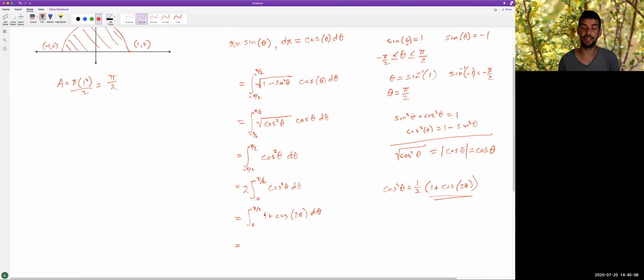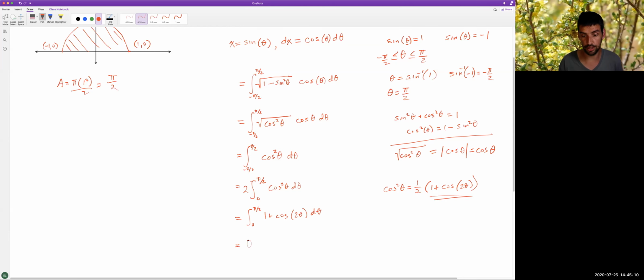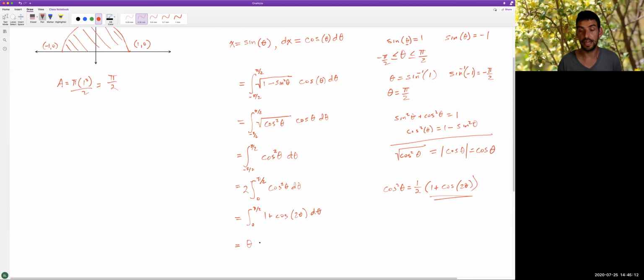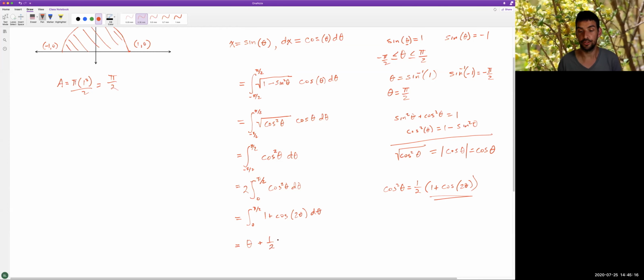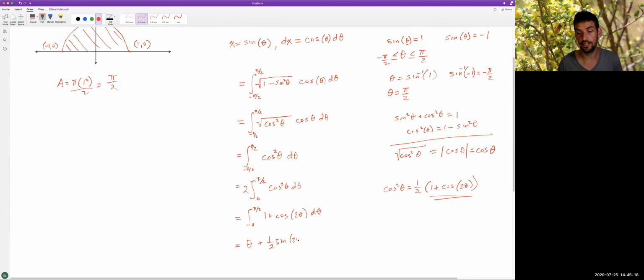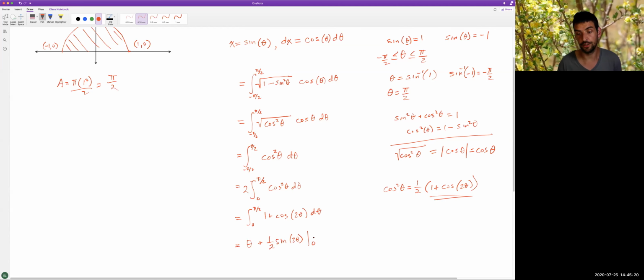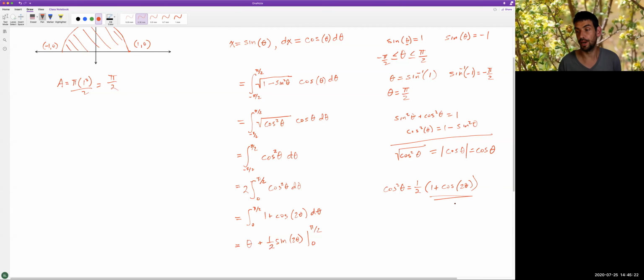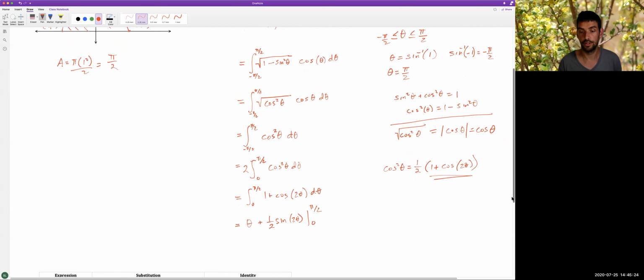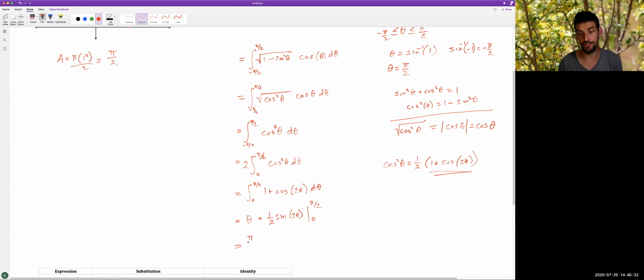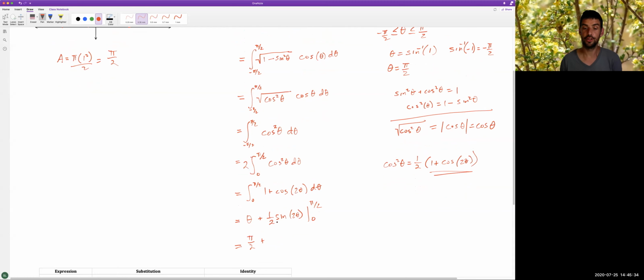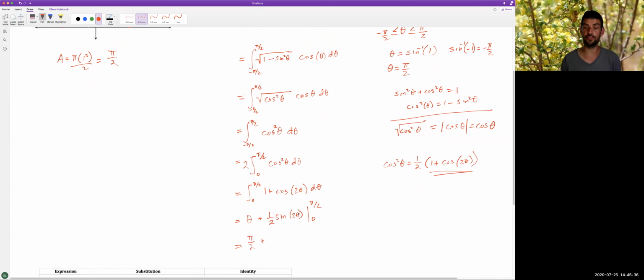Now I can take my antiderivative. The antiderivative of 1 is just theta. The antiderivative of cosine of 2 theta is 1/2 sine of 2 theta. And I'm evaluating these from 0 to pi over 2. We'll come to this table in just a moment. And so I get theta, pi over 2, plus 1/2 sine of 2 theta.